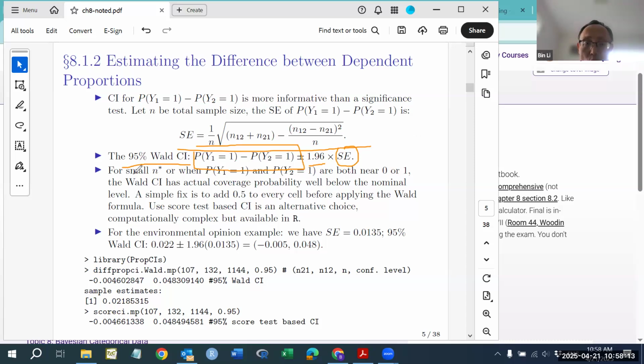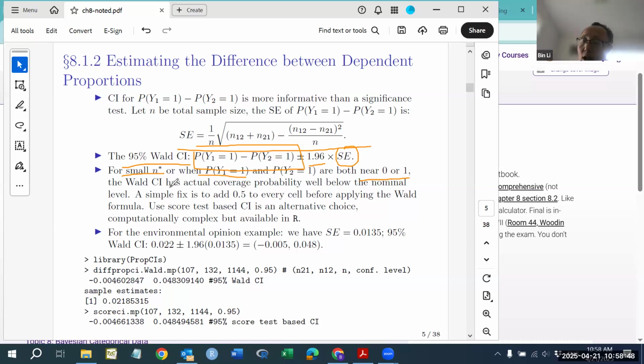However, if we have a small total of diagonal counts, so if we have a small m star, or if the marginal proportions are either near 0 or near 1, then the Wald confidence interval will usually perform poorly, with coverage well below the nominal level.